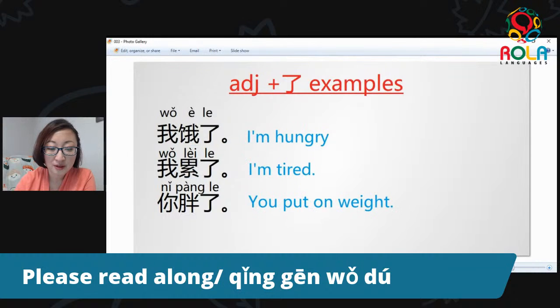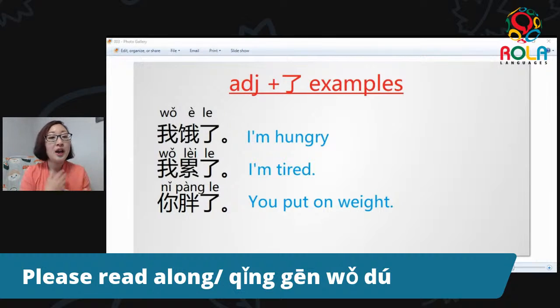Okay, so over here, these 3 very simple sentences. What do they mean? 我饿了 means I'm hungry. The Chinese character le over here follows an adjective to indicate the change of state. Like you were not hungry before, but as of this moment, as of now, you are hungry.